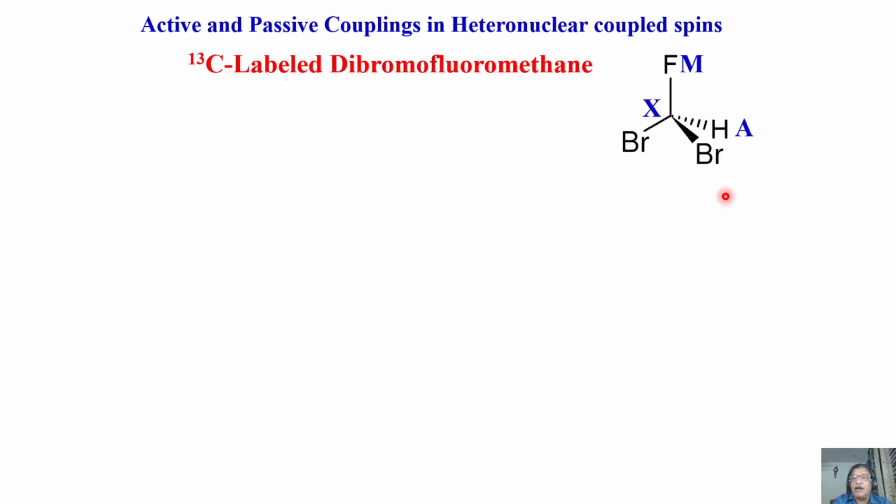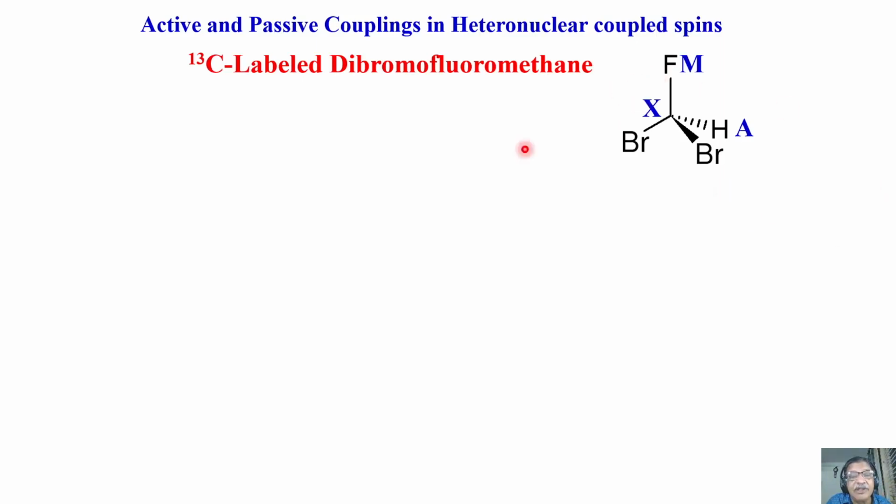Let us see what happens in a heteronuclear coupled spin system. I take the example of 13C labeled dibromofluoromethane. This is the molecular structure. 13C labeled means, in chemistry, I am enriching that carbon with 13C. Instead of 1% abundance, I will now make it 100% by doing some chemistry.